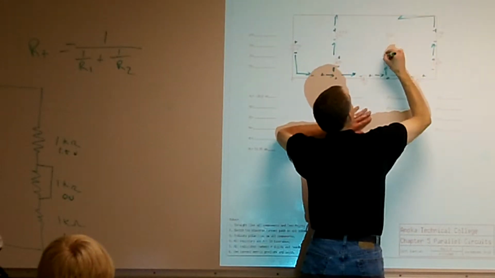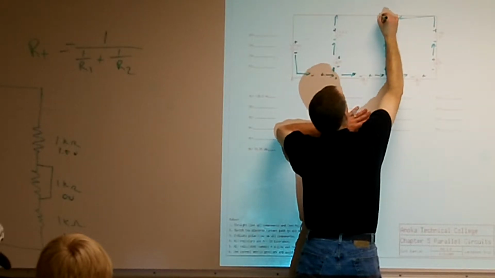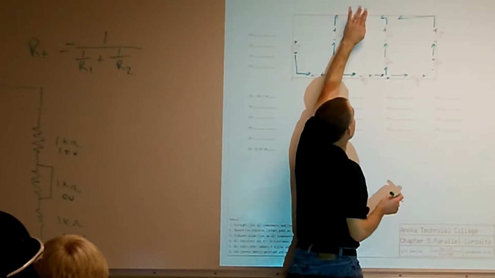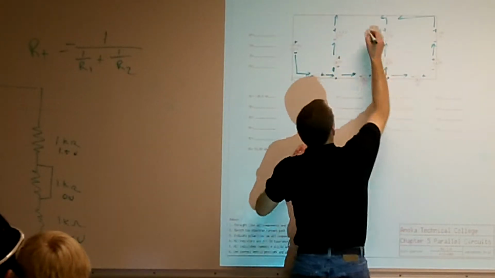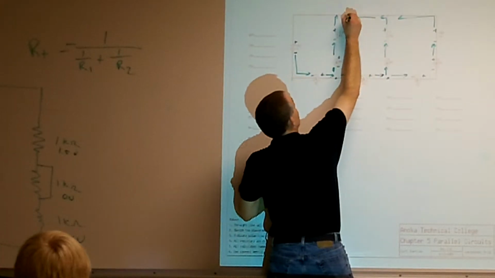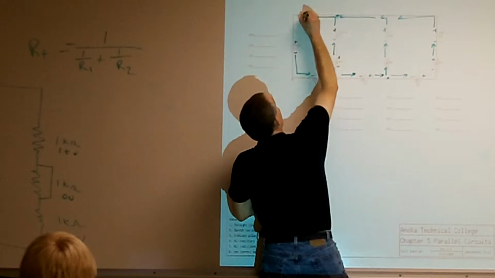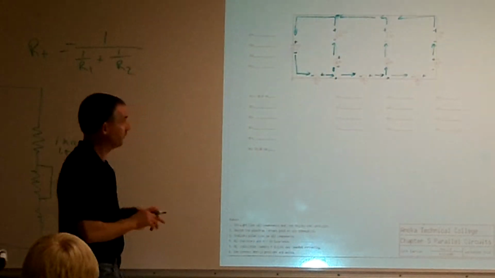And that current is going to join in with this current. Now the current I have going through here is going to be the combination of R2 and R3. If I were to put a current meter in there, I would get the currents of R2 and R3. And then the currents of R2 and R3 are going to join in with the currents of R1, which means that I have all my total current back going into my source.